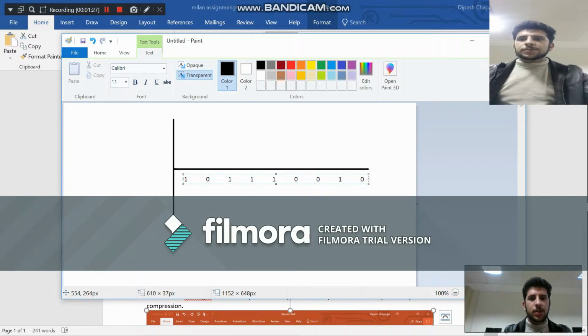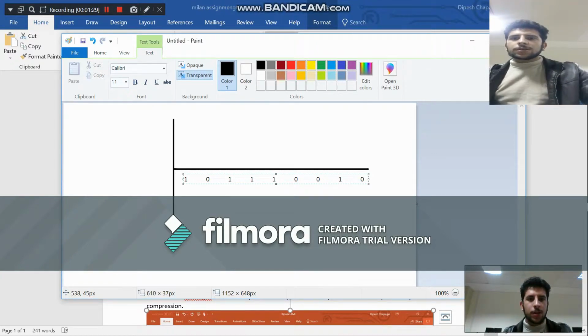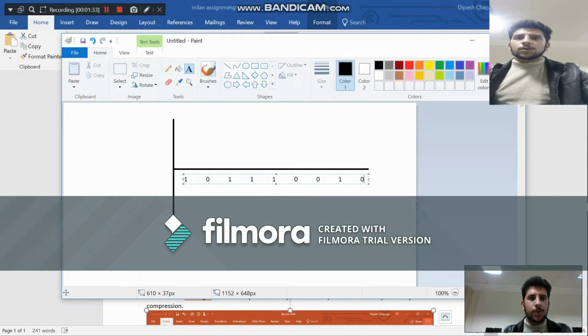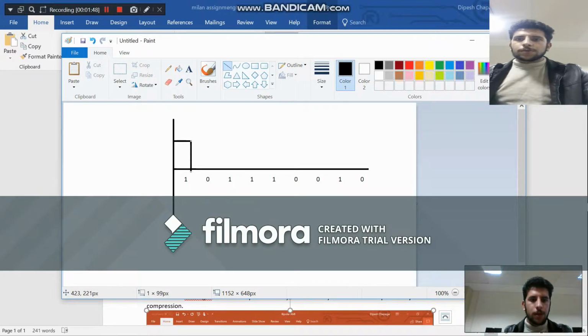If this is the data transfer, and the data starts from the low and then goes to high voltage, it will then move from the high voltage. In Manchester encoding, data remains constant at low voltage, or at 0.